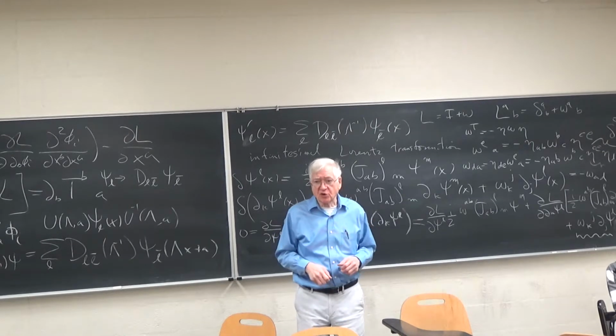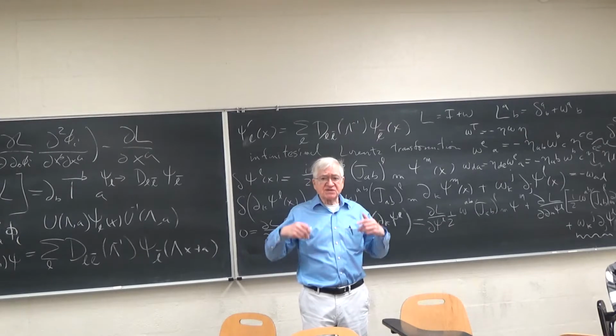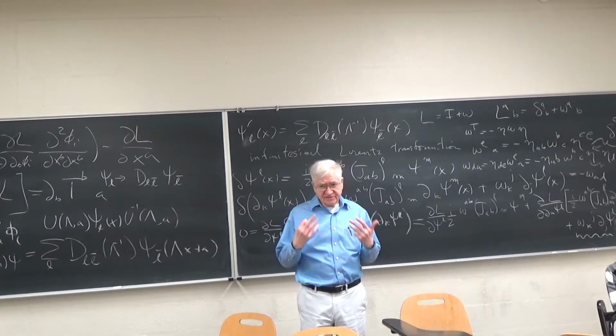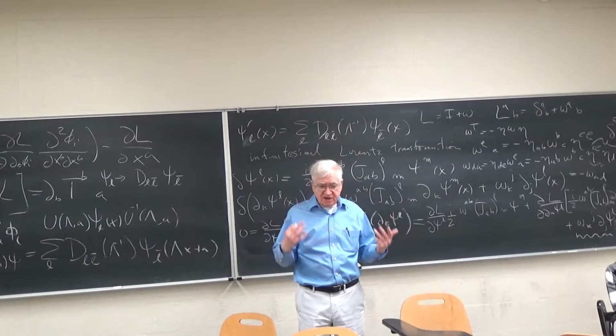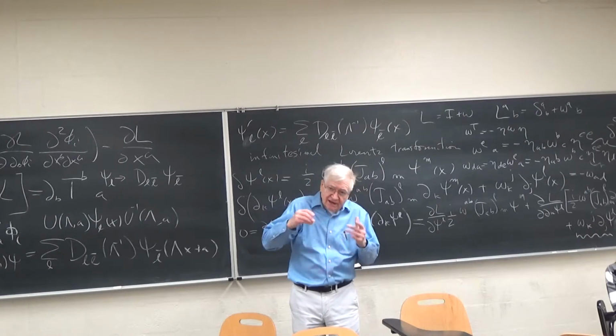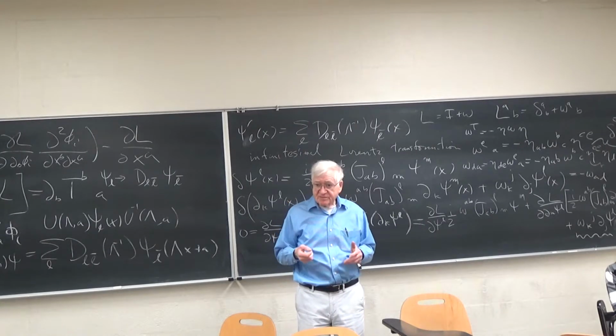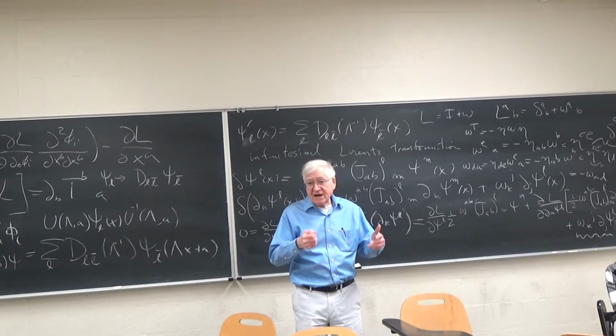This is a pseudo-Lorentz transformation. This is just how the components of the fields and their derivatives transform under a Lorentz transformation, ignoring how the argument x transforms. x, of course, goes to lambda x plus a.